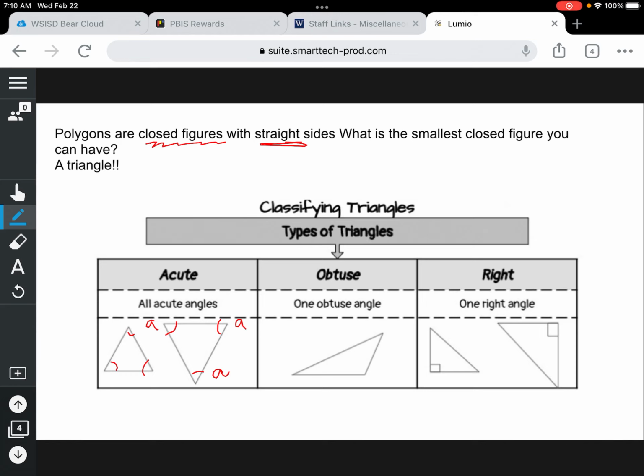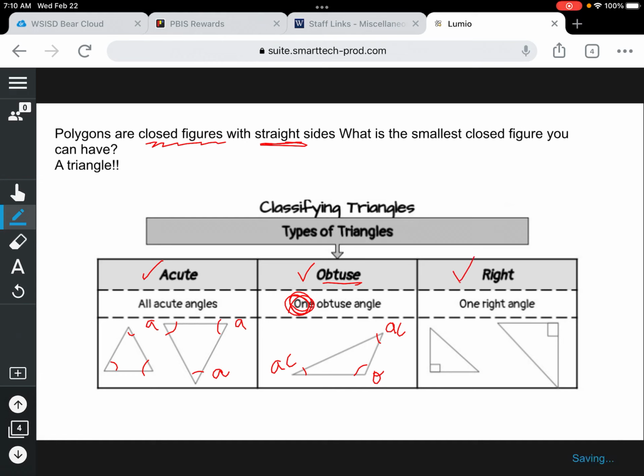If that is, then you have an acute triangle. But if you have one obtuse angle, one angle that is bigger than 90 degrees, you have an obtuse triangle. Now, one will be obtuse, but they will have two acute angles. There is no other way.